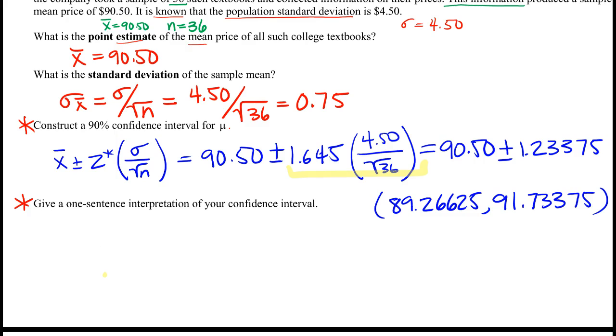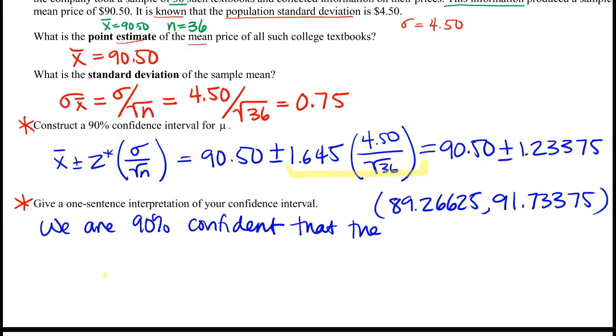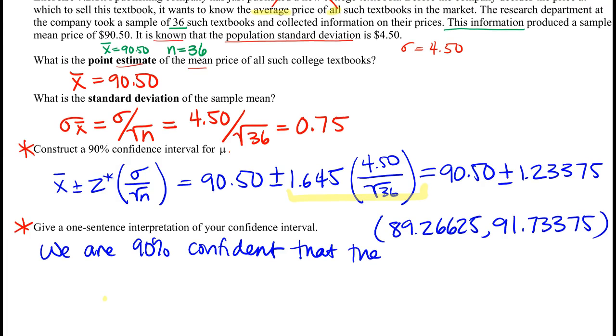And then the last piece, we need to be able to write a one-sentence interpretation, and we know how that's going to start. We are 90% confident. Now, we didn't have a very good sentence here to help us out, but how about we use the wording of the question? We wanted to know about the average price of all such textbooks in the market.